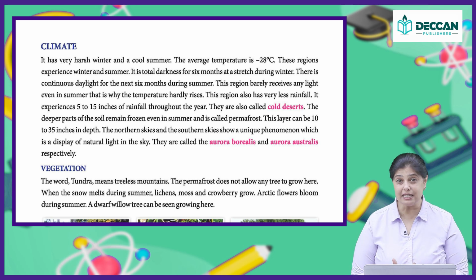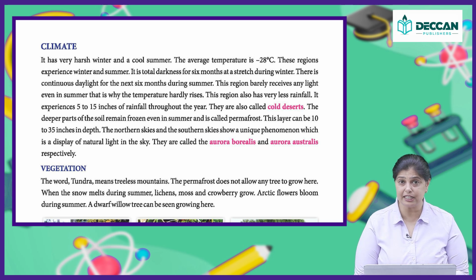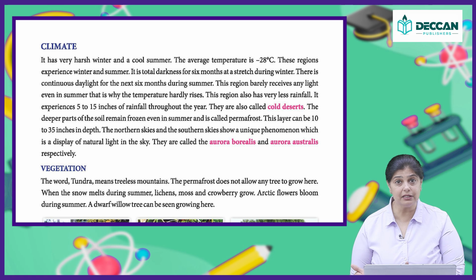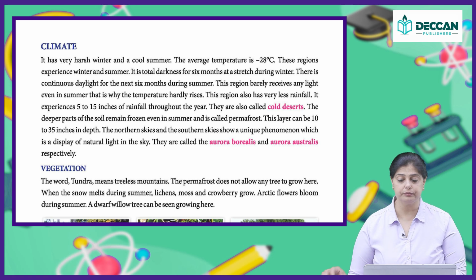That means these areas have this extreme type of climate wherein you have 6 months totally dark during the winters and 6 months totally bright, with daylight, during the summer.